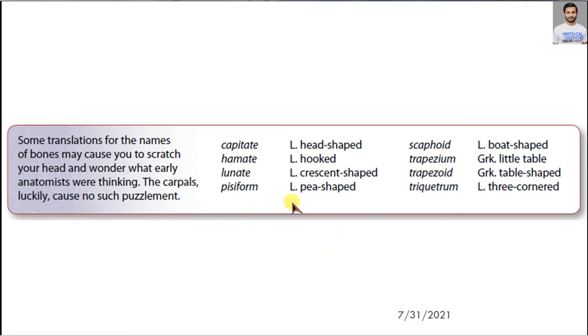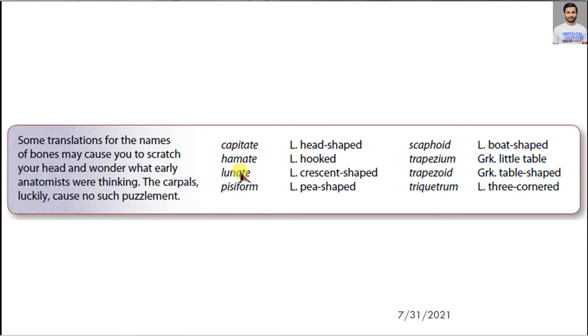Now, this is just for understanding the names of the carpal bones, because these words are taken from Latin or from Greek. So, capitate stands for head shaped, like cap. It originated from cap, and cap is worn on the head. Hamate is hook shaped.